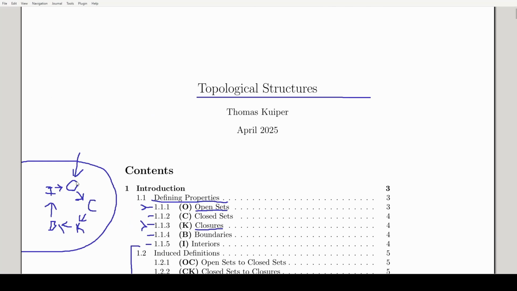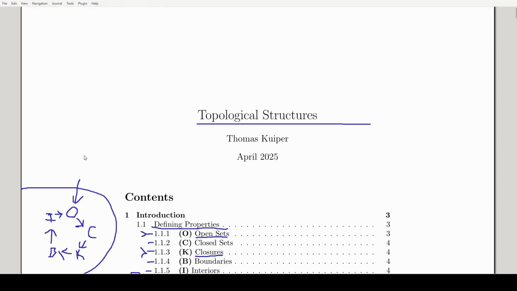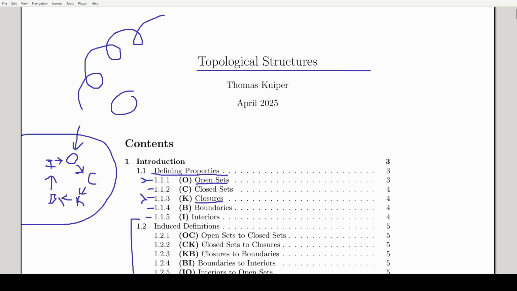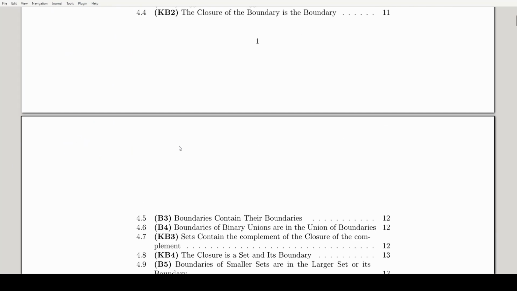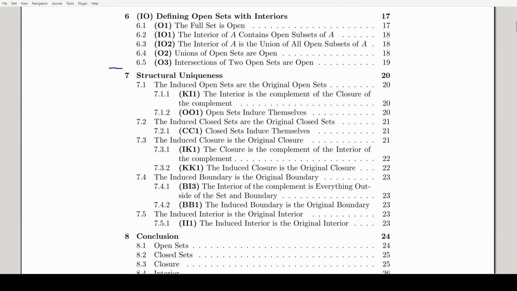And then we'd redefine the open sets and we would get the same open sets back. You won't get this ascending spiral thing. That'd be really confusing. You just get a circle. You redefine the same open sets when you induce them from this big circle. And that's what we prove down here.